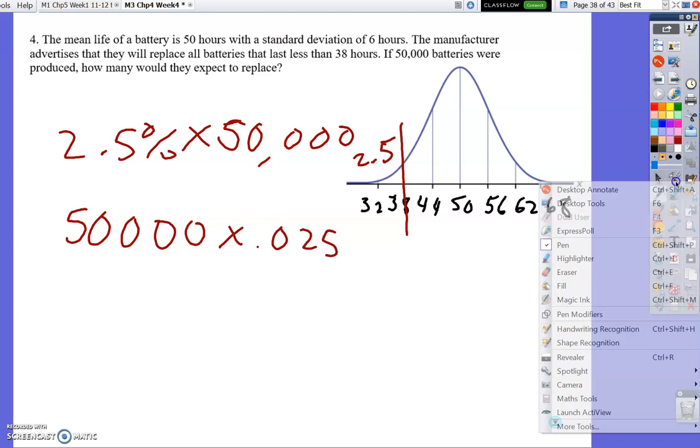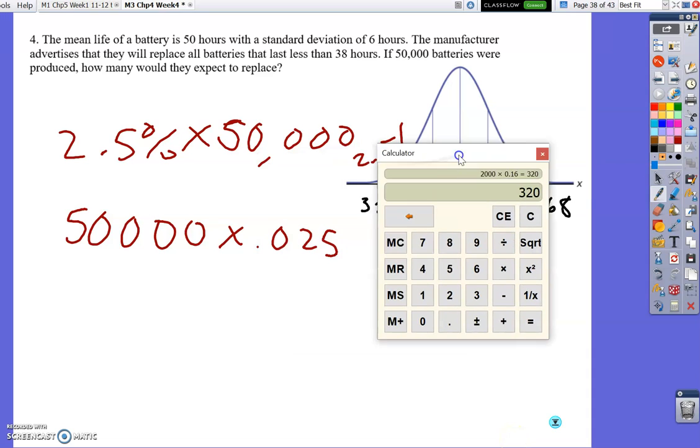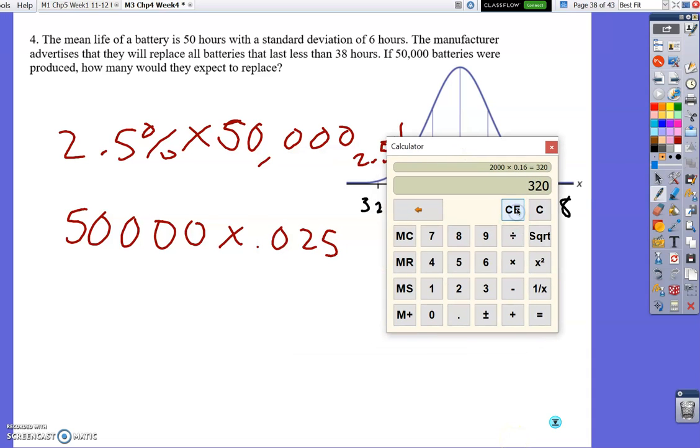And so I'll just grab the calculator right away. So our calculator is 50,000 times 0.025, which is 1,250 would need to be replaced.